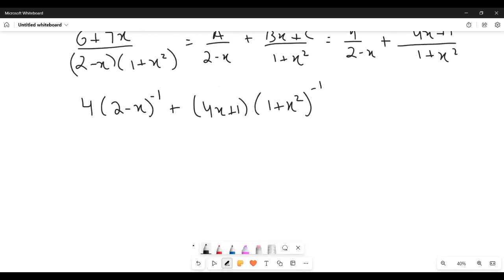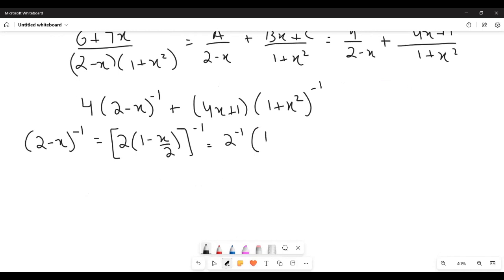First one is (2 minus x) power minus 1. First we have to take 2 common from 2 minus x. So that would be 1 minus x upon 2 whole power minus 1. Okay, so this becomes 2 power minus 1 and (1 minus x upon 2) power minus 1. So remember this, and for now we are expanding this.